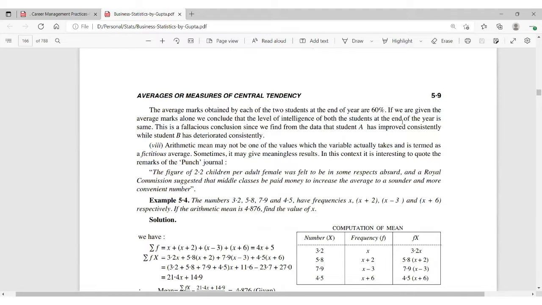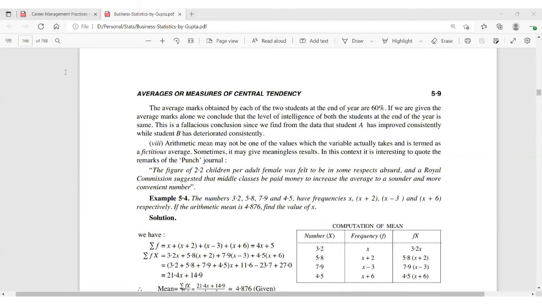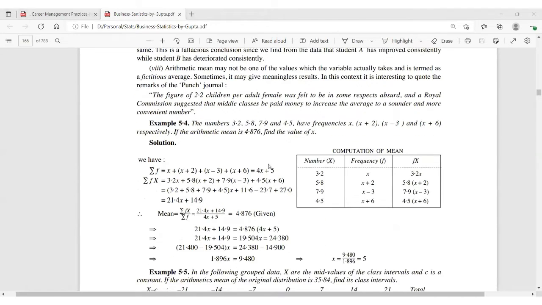See, in this example, the numbers 3.2, 5.8, 7.9, and 4.5 are given, having frequencies x, x plus 2, x minus 3, and x plus 6.